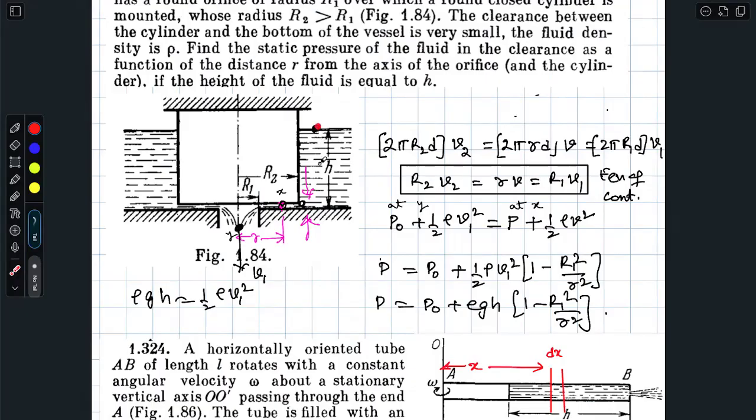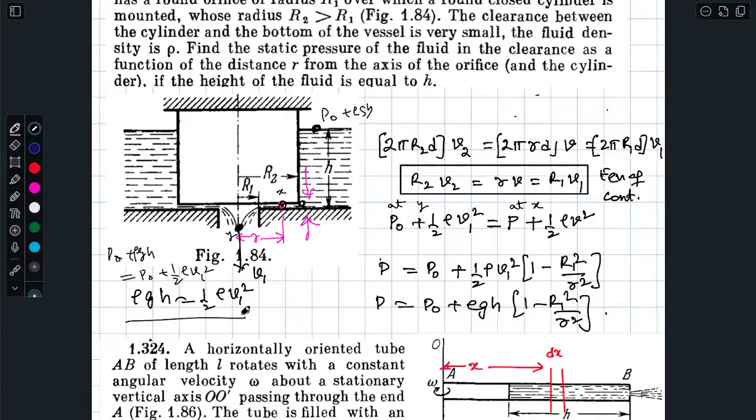If I am applying the equation of continuity at these 2 points, here it is only P0. Here P0 plus rho gh. Here it is P0 plus half rho V1 square. So if you apply P0 plus rho gh is equal to P0 plus half rho V1 square, then you will get this relation, rho gh is equal to half rho V1 square. So in the place of half rho V1 square, I took rho gh.